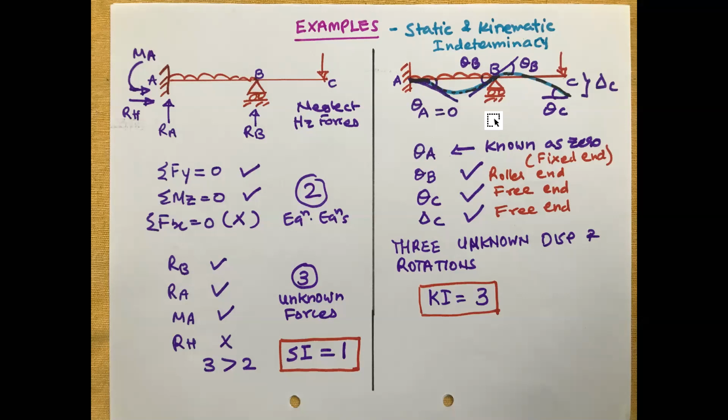Now come to support C. Of course, it is free and it is not supported. All of you can see it is free and it is not supported. So what will be the kinematic degrees of freedom? You can also use the words degrees of freedom or kinematic indeterminacy. Vertical deflection of the free support is not known to me.